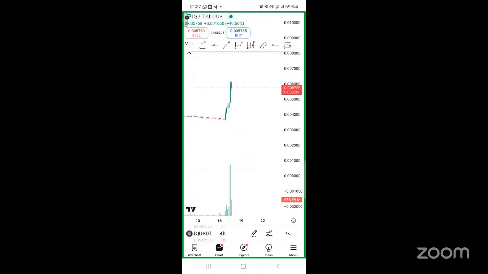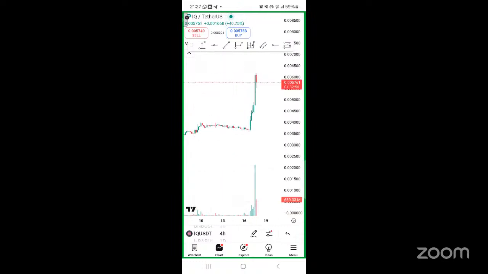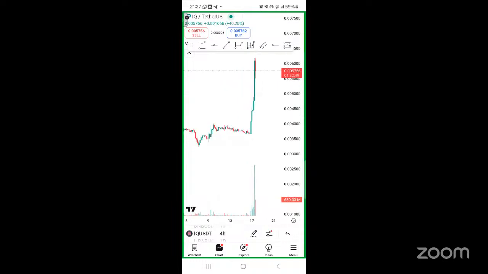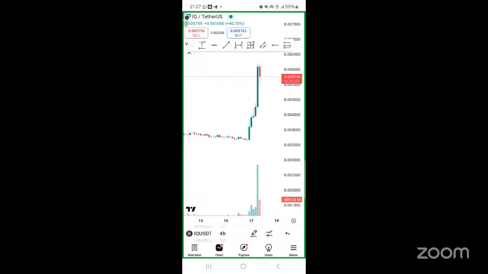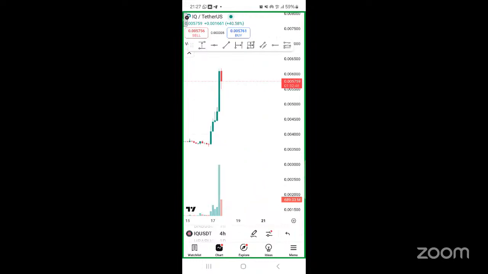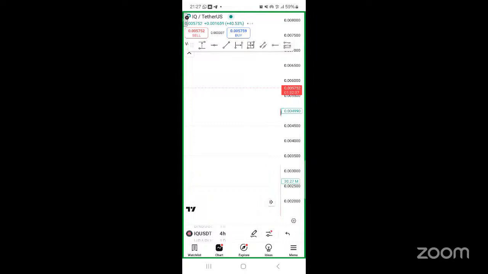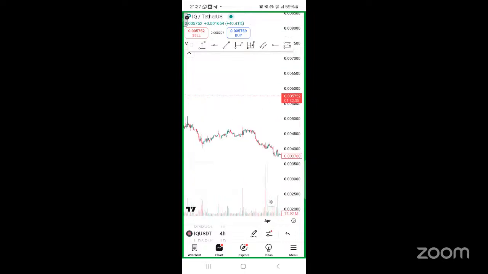It has pumped. So if you are going to enter this coin from this current price, be prepared for anything. The way it went up, it may come down like that.